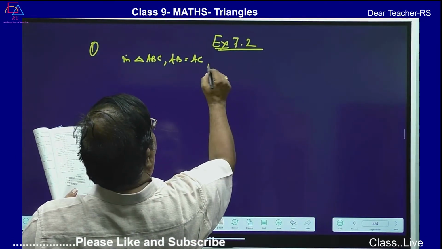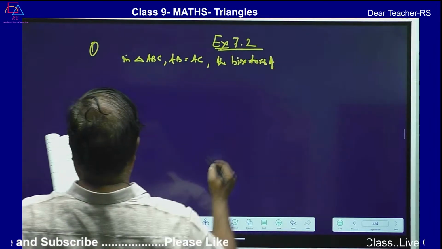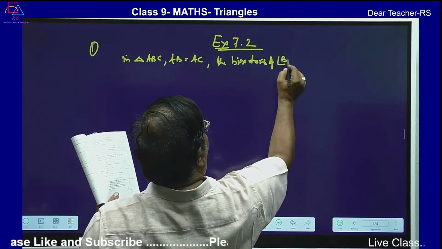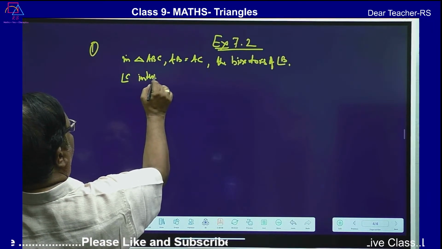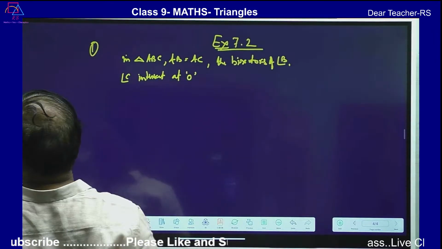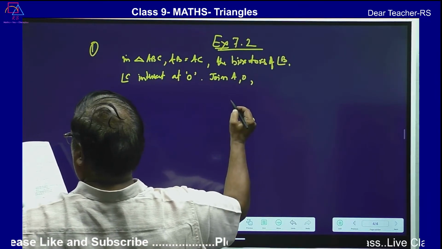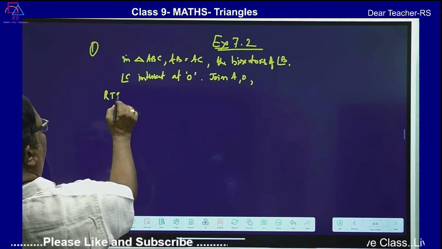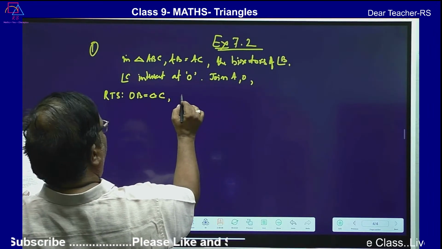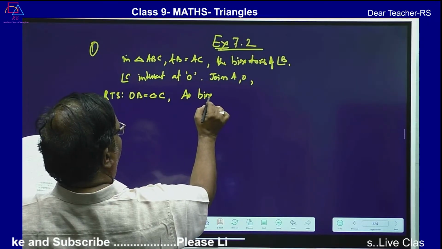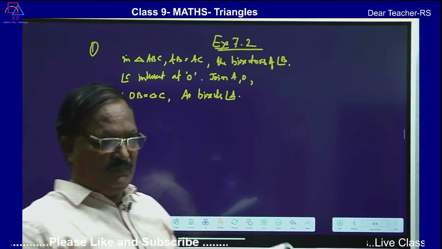And the bisectors of angle B and angle C intersect at O. Join AO and then show that OB is equal to OC and AO bisects angle A. This is the question.